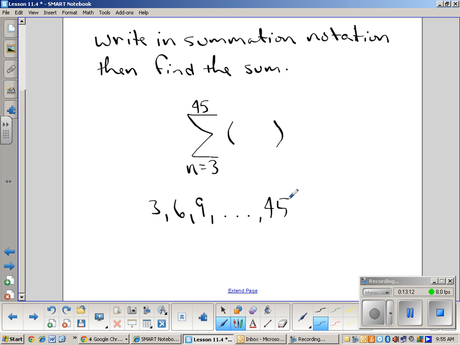Those are not our limits. These are the value of each term. My first term is 3. Okay? So n represents term 1 through we don't know yet. And so that had to be a 1 here. Now we can figure this one out. It's not 45. Whoops there. But we can figure this out quickly as soon as we figure out what goes in here.